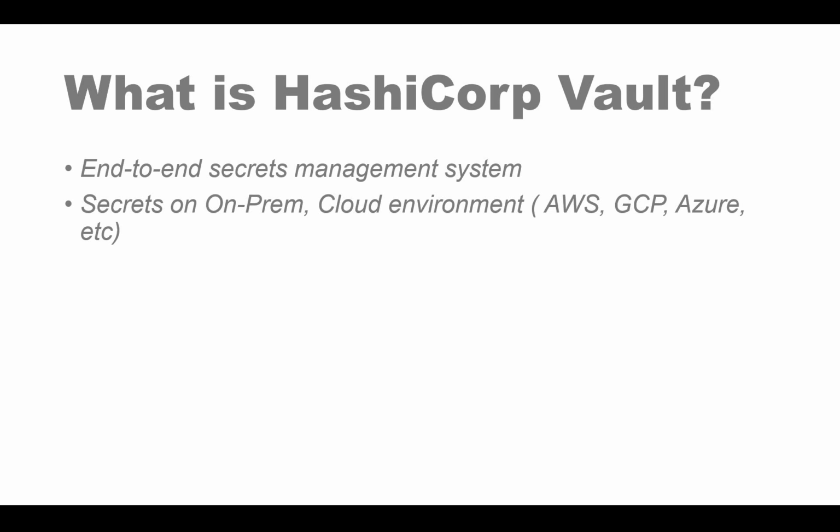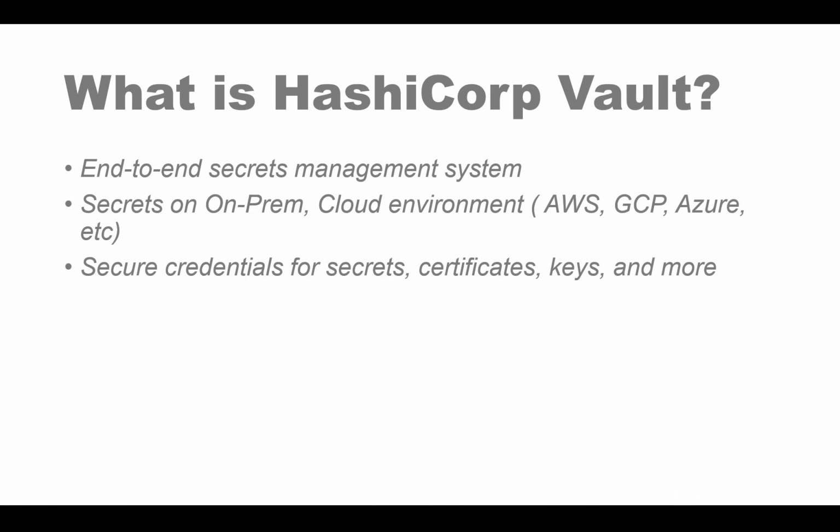All those secrets can be stored and secured, because we need to have secure credentials for all of them, whether they are certificates, SSH keys, or some encryption keys. These are different kinds of things we use in our day-to-day production work to enable developers.